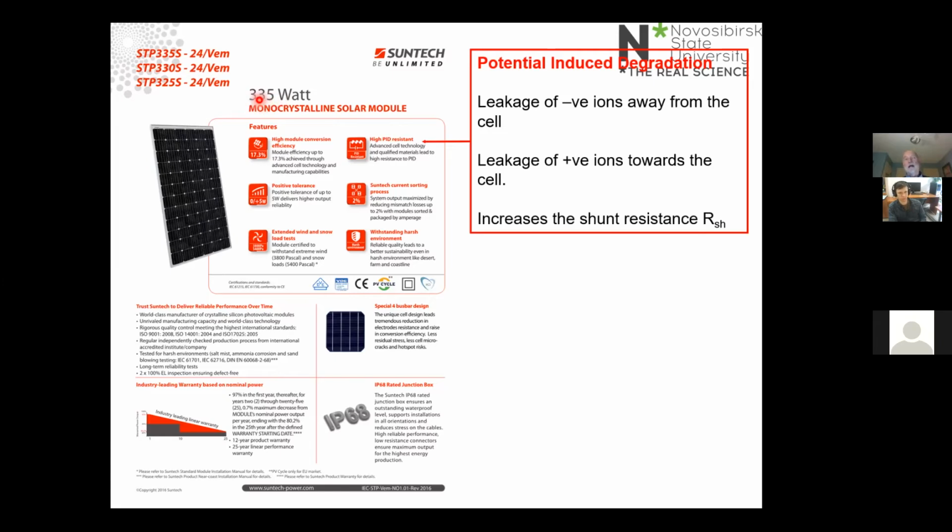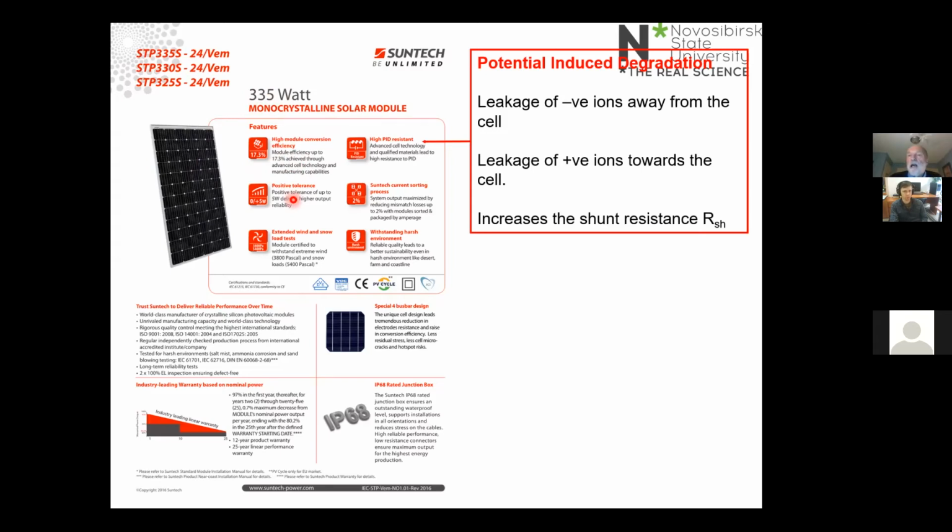This is the amount of power that would be produced if the module is irradiated at 1 kilowatt per square meter and the cell temperature is 25 degrees. Okay, so this is a high efficiency module, and as you would expect, it's a monocrystalline, 17%, which is pretty impressive. It has a positive tolerance.